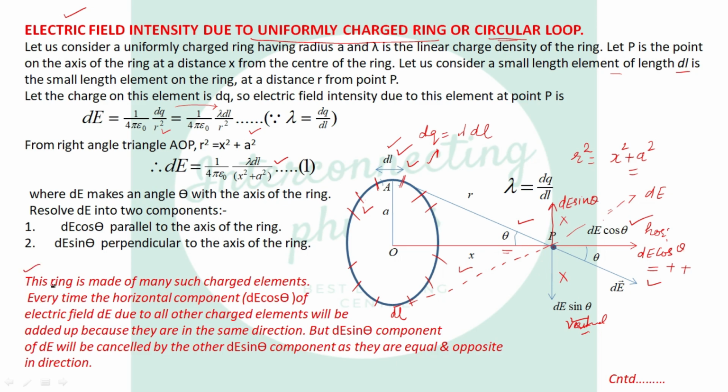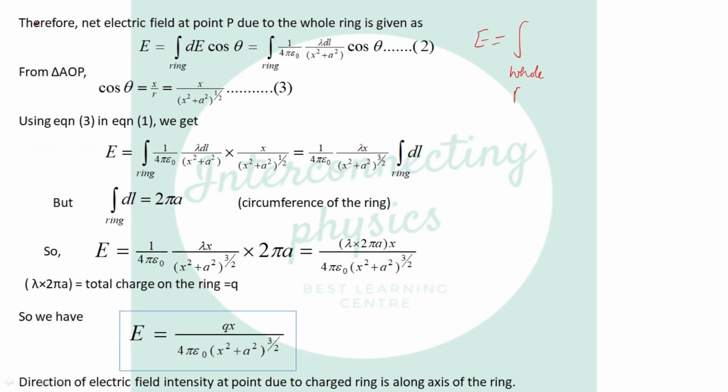So this ring is made up of many such charged elements. Every time the horizontal component of the electric field dE due to all other charged elements will be added up because they are in the same direction. But the dE sin theta component of dE will be cancelled by other dE sin theta components as they are equal and opposite in direction.